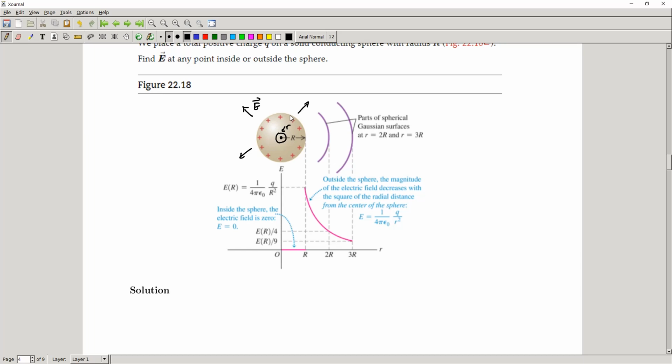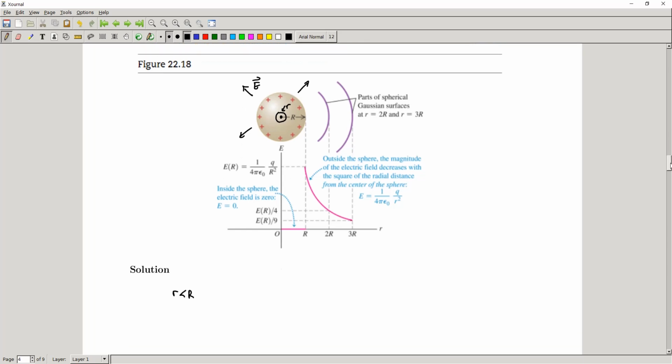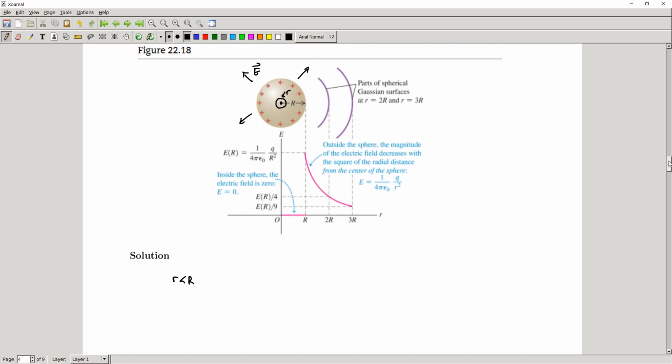It starts off small, so we start off with little r smaller than big R, and so we're inside the conductor. But inside the conductor, we just talked about how there can be no electric field inside of a conductor which is in equilibrium, right? And so because of that, we know that E, the magnitude of our electric field, has to be equal to 0.